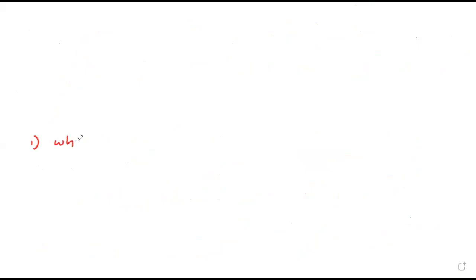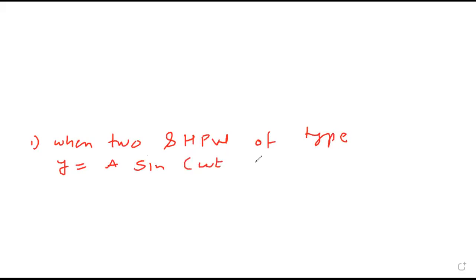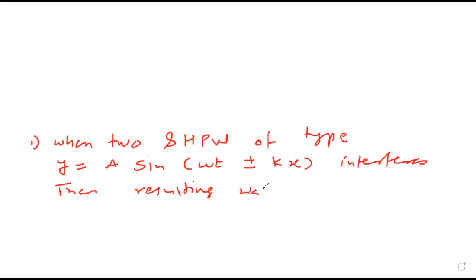That means when two simple harmonic progressive waves of type y equals a sin(omega t plus or minus kx) interfere, the resulting waves are called stationary waves.